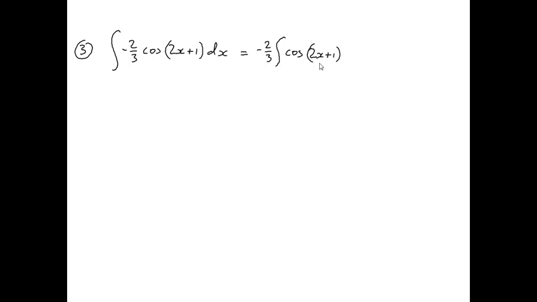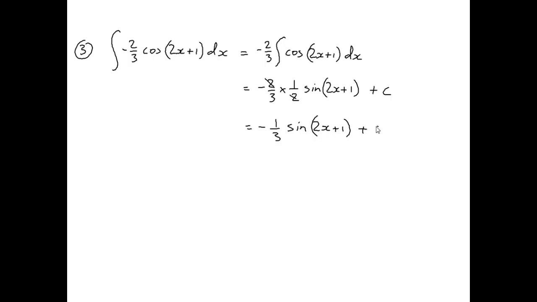Then the minus 2/3 stays out the front, and this is going to be times 1 over 2, sine(2x plus 1) plus c. Don't forget the plus c. The 2's cancel. I'm left with minus 1/3 sine(2x plus 1) plus c. So there's our antiderivative.